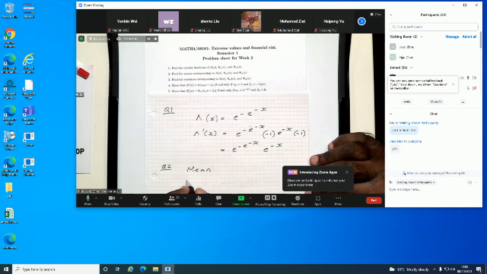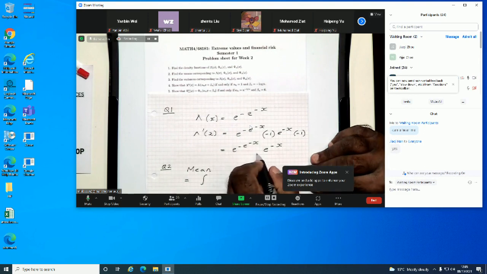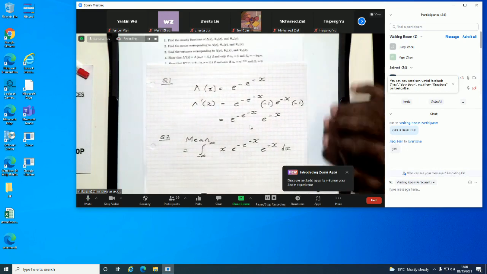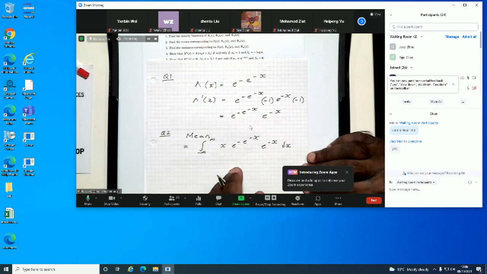Because this is defined from minus to plus infinity, it's going to be x multiplied by the density, like this. Now to do this integration you can do it in different ways, right? What I will do is make a substitution.